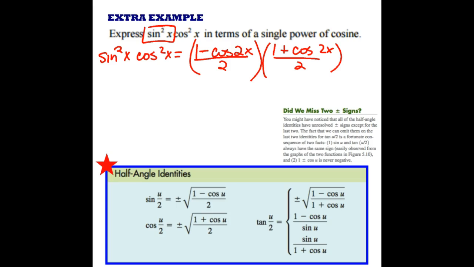Okay. What's your denominator going to be? A 4. Can I pull that out as a 1/4 in front? Okay, let's get rid of that part of it. What do I get if I multiply 1 minus cosine 2x and 1 plus cosine 2x?